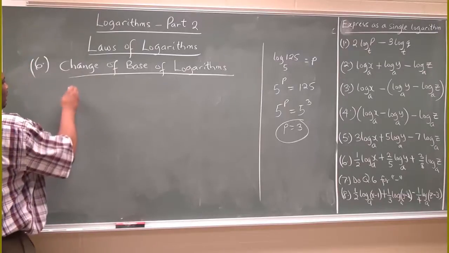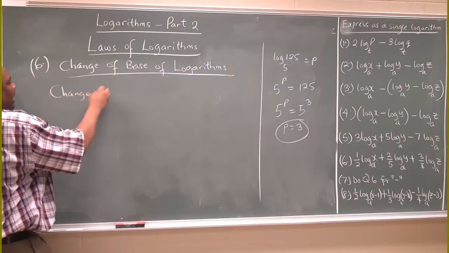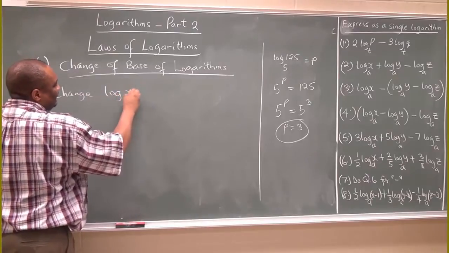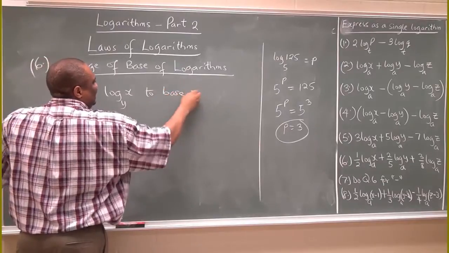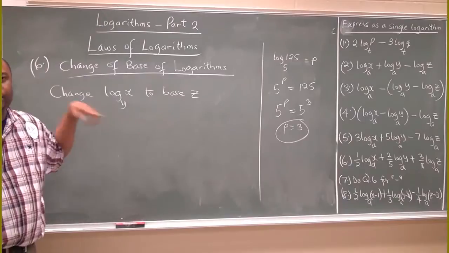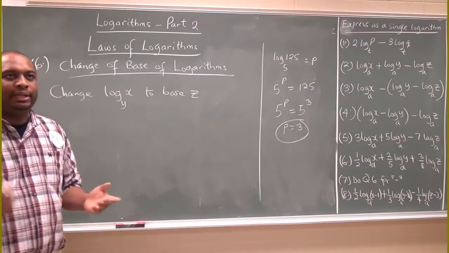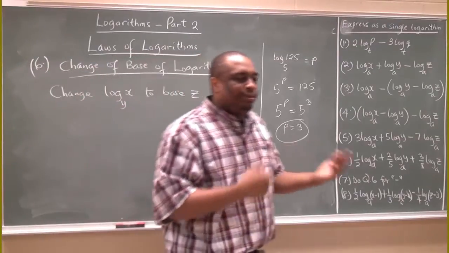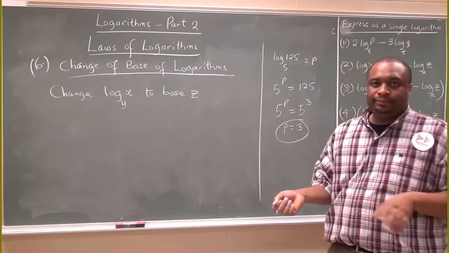Maybe you have a log x base y. You want to change it to base z. Okay, it is in base y, but you want to change it to base z. So how are you going to do that? Sometimes there are some problems in logarithms that will require you to change the base.